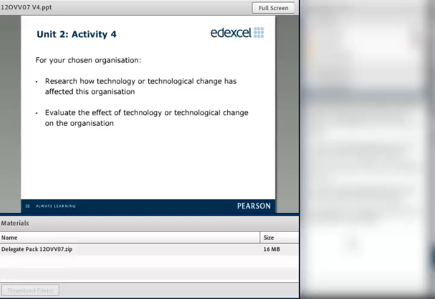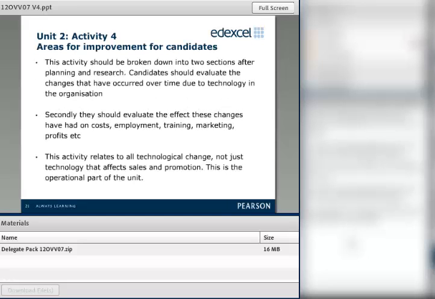You could be looking at the operations, at the actual rides themselves, and so forth, and how that technology has changed. So don't get too bogged down with just thinking about the marketing and how technology has changed marketing. Obviously, you've got quite a lot to talk about there anyway, but you can open it up to other areas of the organization. So hopefully that helps with that.